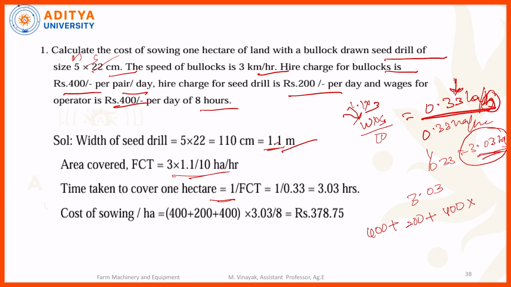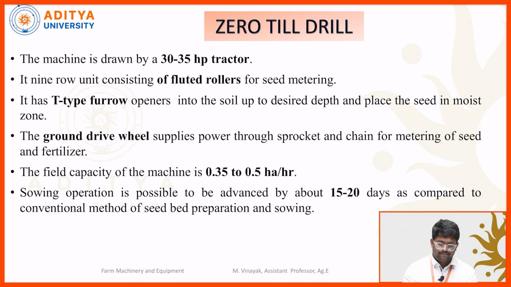And how much time was required? That is 3.03 hours. With 8 operating hours, we get 378.73 rupees per hour. This amount is required to sow the land in a particular area.